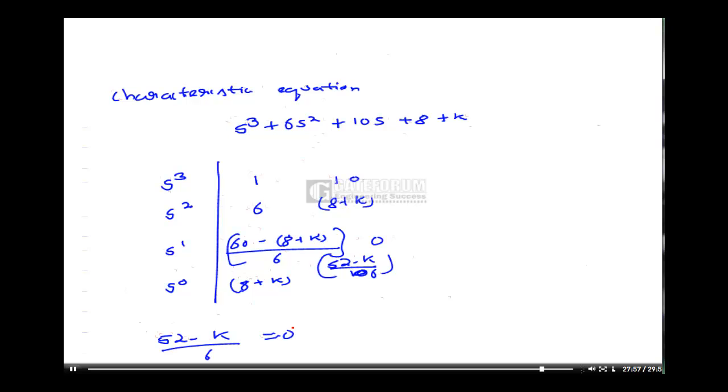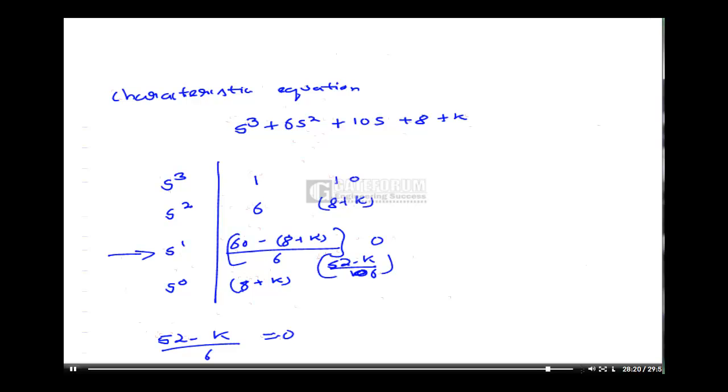When this is equal to 0, that means my entire row will be 0. When my entire row is 0, it has become marginally stable, or there are some roots on the imaginary axis of this characteristic equation. At that time I will get the value of K equal to 52.